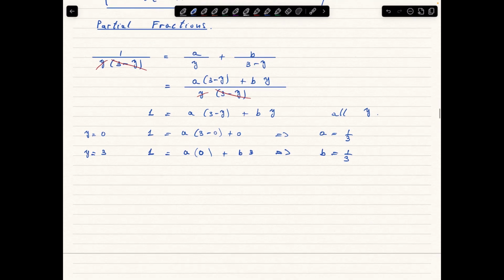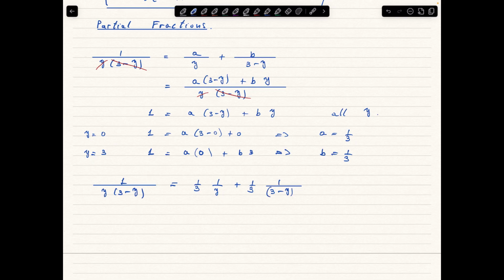And knowing that, we have proven that this rational function 1 over y times 3 minus y is actually equal to 1/3 times 1 over y plus 1/3 times 1 over 3 minus y.